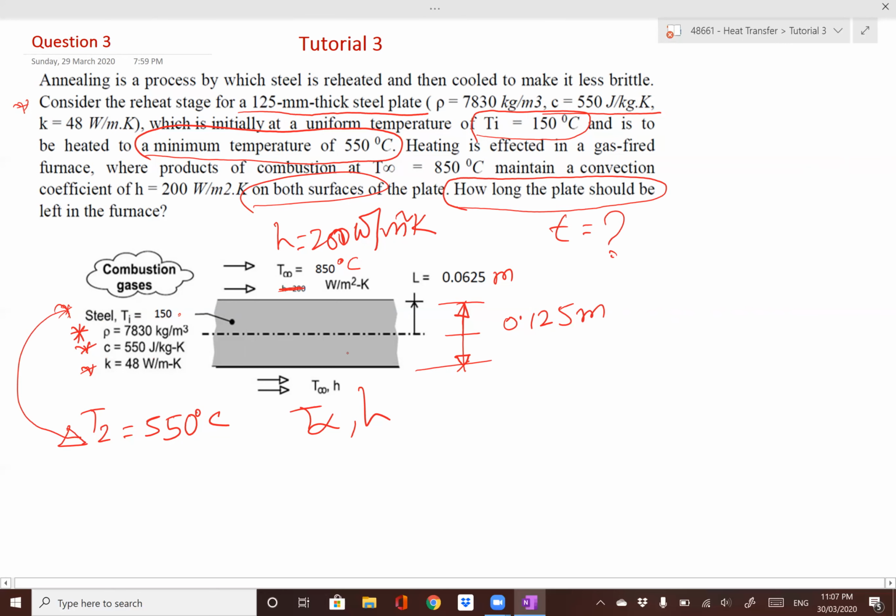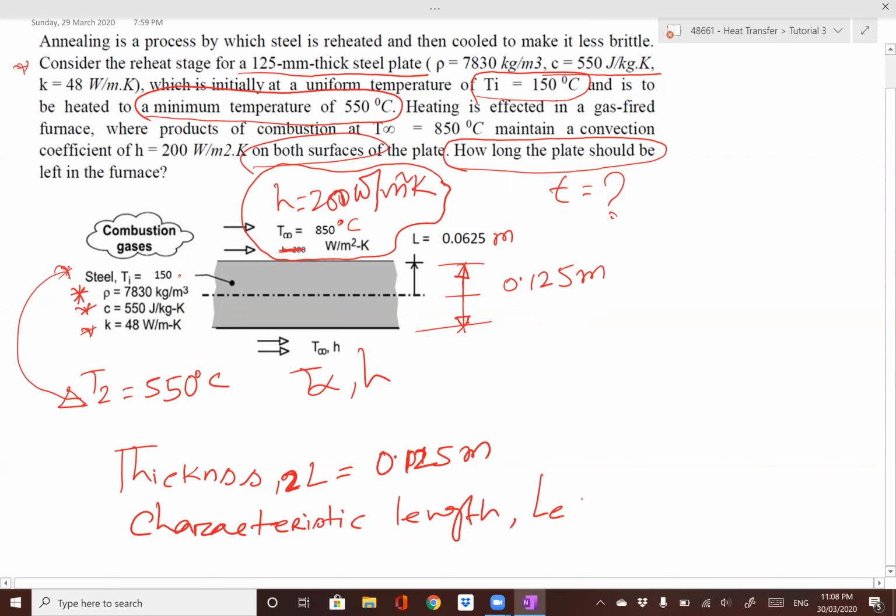So the effective characteristic length LC will be the same as the length, equal to 0.125 divided by 2, which will be 0.0625 meter.